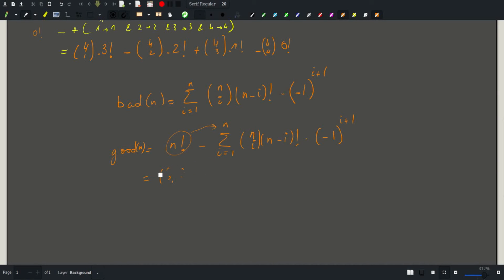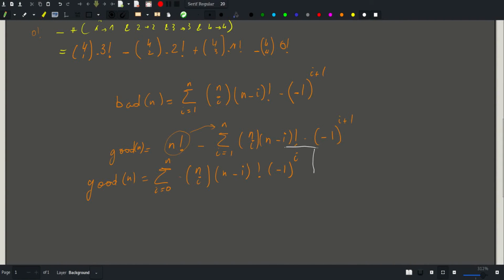So this will be just equal to sigma from i equals 0 up to n of n choose i times n minus i factorial times negative 1 raised to the i. So for example, if i is 0, here we will get n choose 0, which is just 1, times n factorial, and negative 1 raised to the 0 will be 1. So that's how we get n factorial.